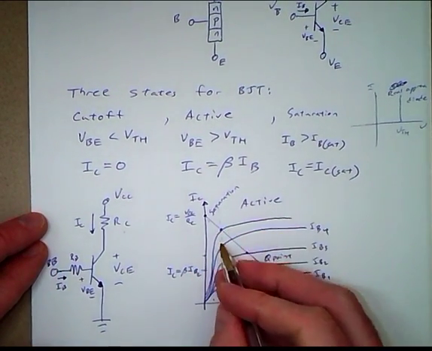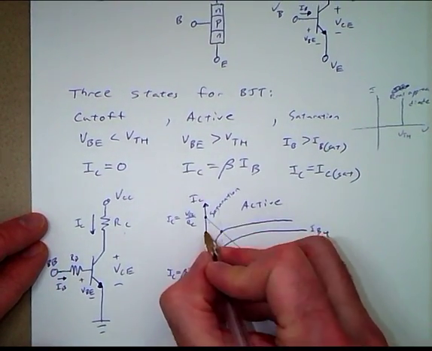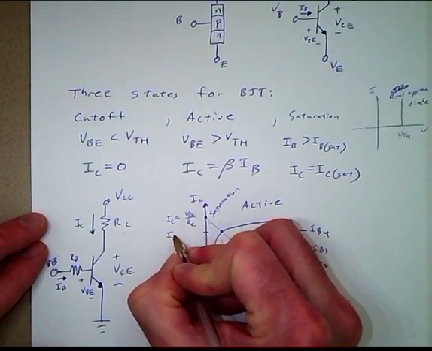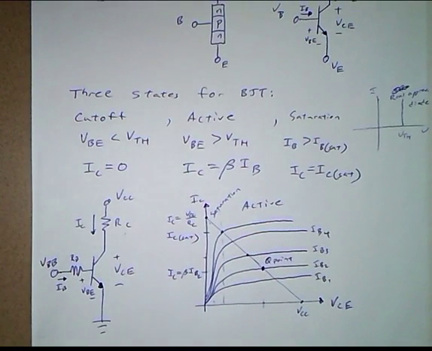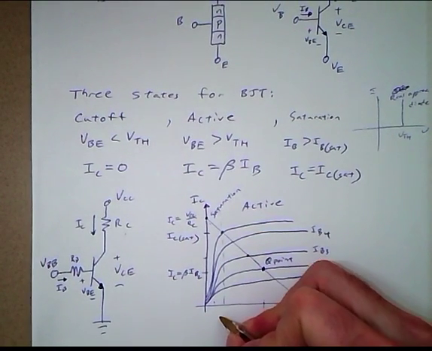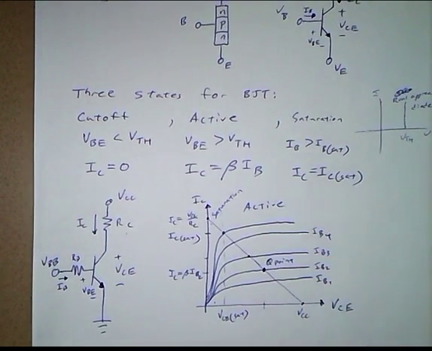The intersection of the load line and that vertical line defines IC, the saturation current, and the saturation voltage, VCE.